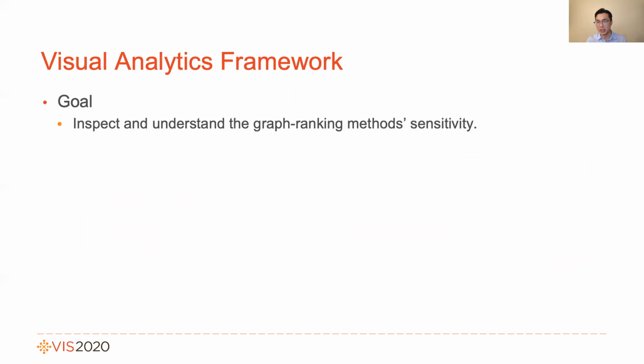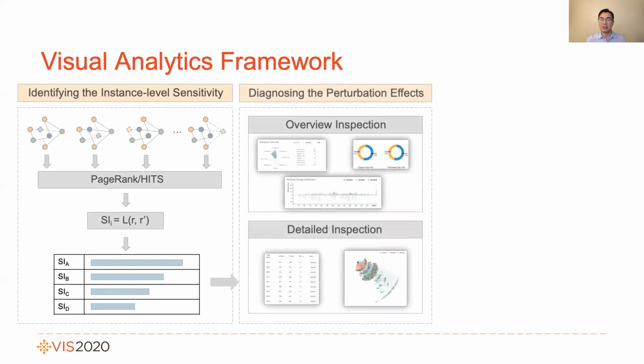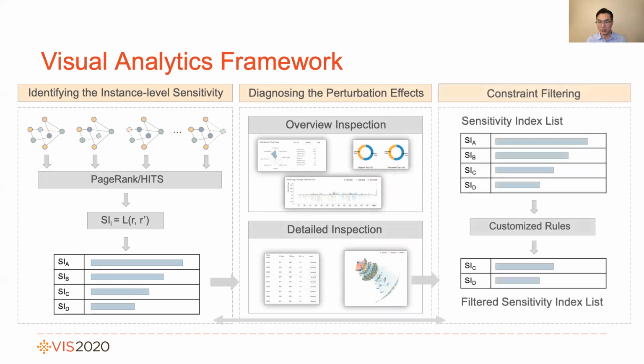Knowing how to measure the sensitivity index, we then propose our visual analytics framework. The overall idea for the framework is to help users inspectively understand the graph ranking method sensitivity with respect to different perturbations. The framework consists of three major functionalities: identifying the instance level sensitivity, diagnosing the perturbation effects, and the constraint filtering. For the sensitivity identification part, we iteratively remove each node and its corresponding edges to calculate the sensitivity index for each node.